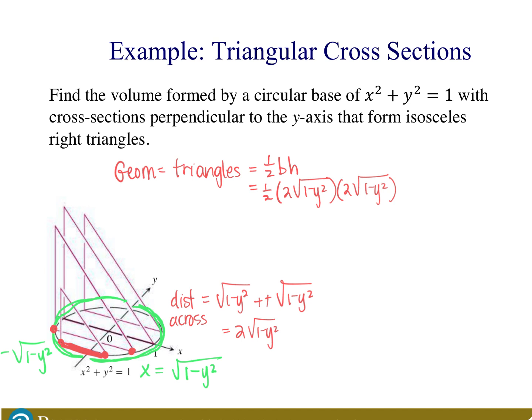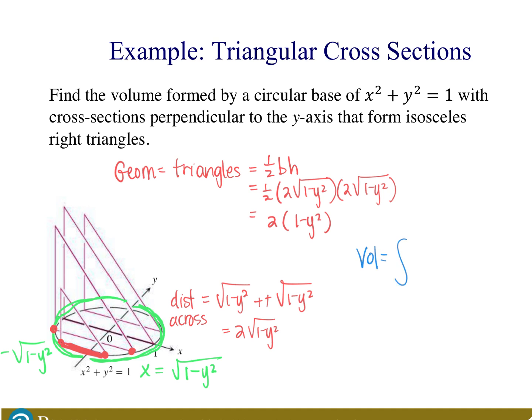Okay, so we clean this up. I have 1/2 times 2 times another 2, and then the 2 square roots times each other. So I end up with 2 quantity 1 minus y squared. The first 1/2 and the 2 negate each other, and the 2 roots combine. Again, this is the hardest part. Once you have that, you're ready to do your volume.